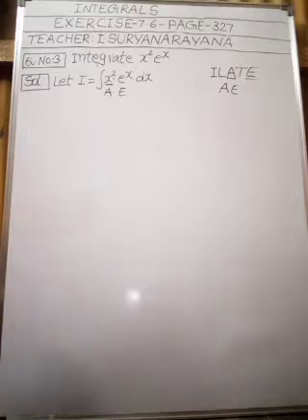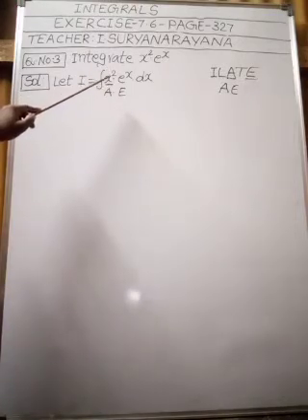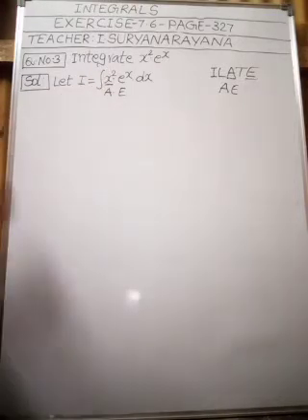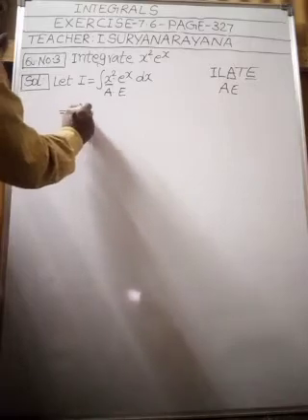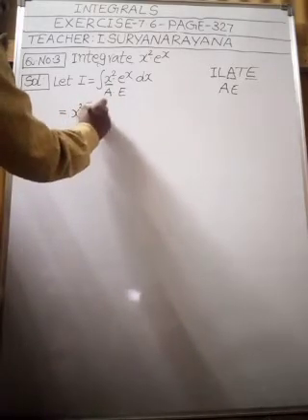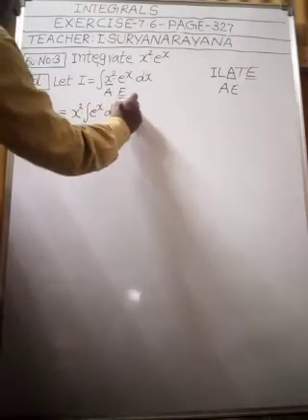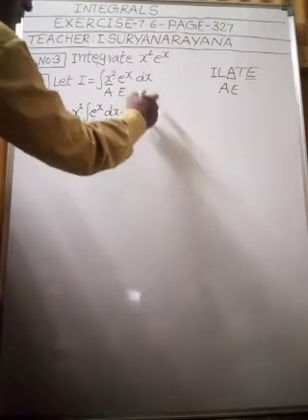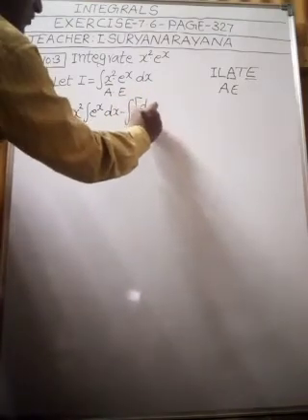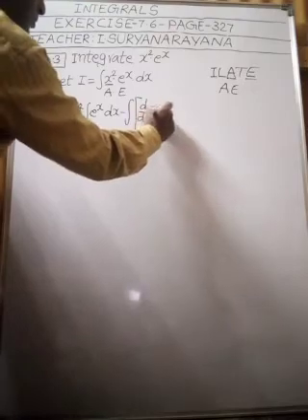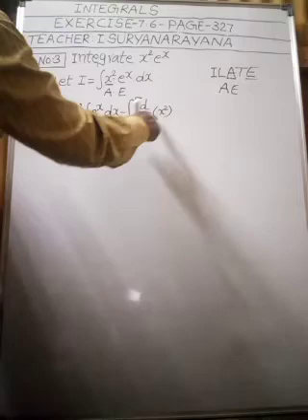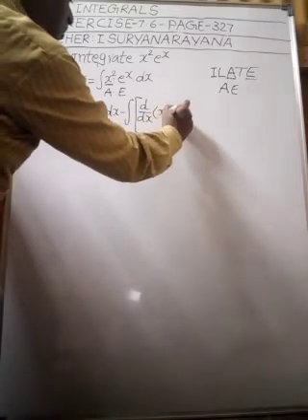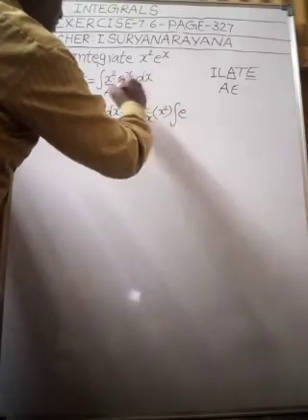Okay, my children. Then we can apply the integration by parts method. Right. That is equal to: what is the first function? X square. First function into integral of second function, minus integral of, in square brackets, d by dx of first function into integral of second function, whole dx. In your mind, you have to memorize that sentence, my children.